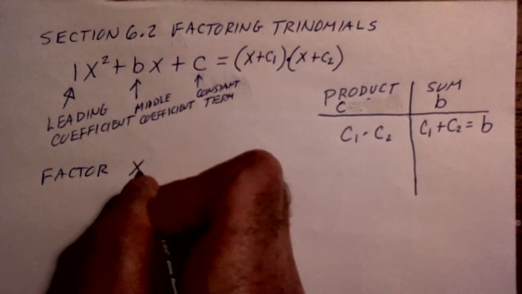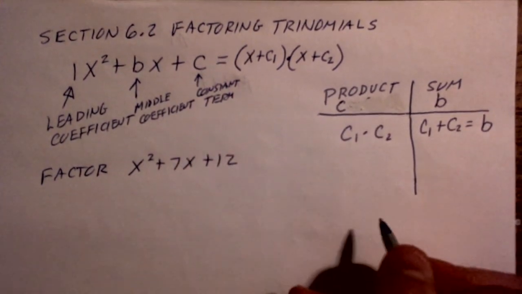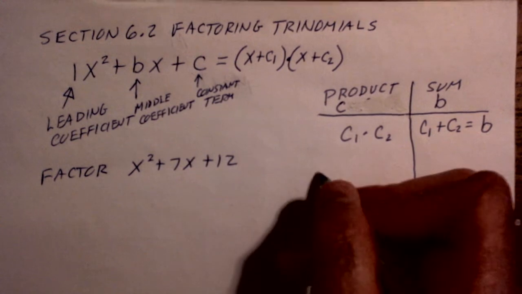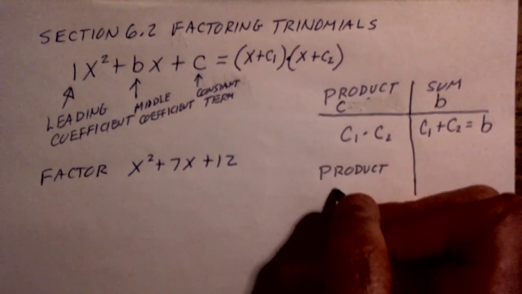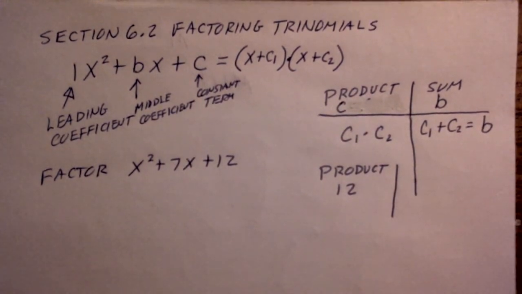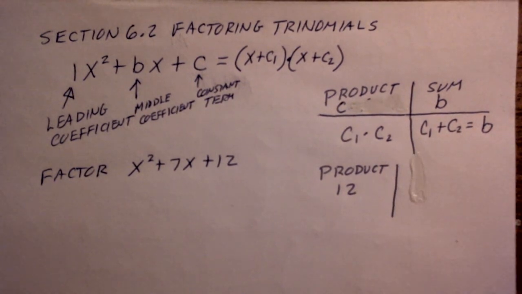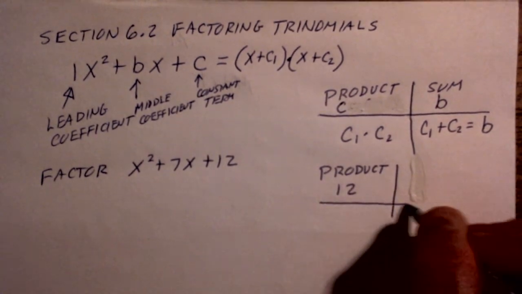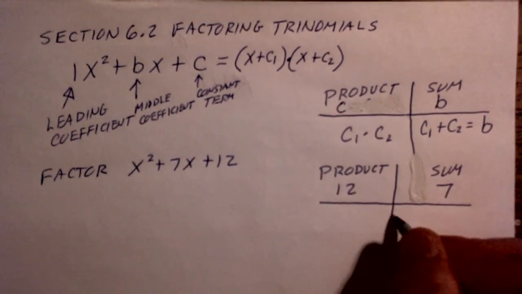Suppose we want to factor x squared plus 7x plus 12. Well, our product has to be positive 12, which is the constant term over here, and our sum has to be the middle coefficient, which is positive 7.